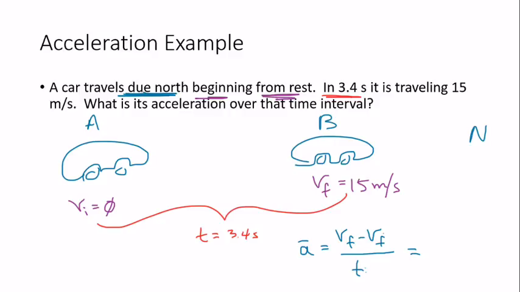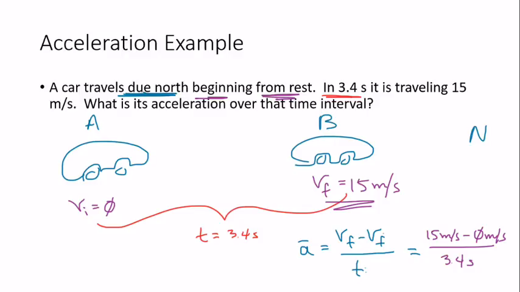The final velocity is 15 meters per second minus, it started at 0 meters per second, divided by the time the acceleration occurred, 3.4 seconds. All right, get out the old calculator here. 15 minus 0 is 15, so I'm just going to take 15 divided by 3.4, and I get 4.41176, blah, blah, blah.